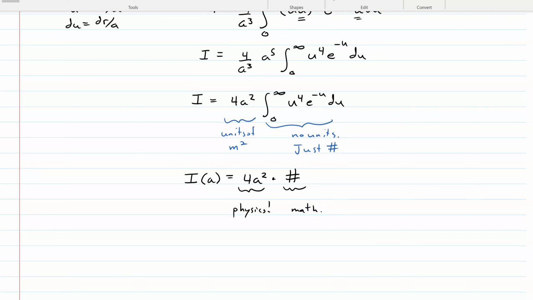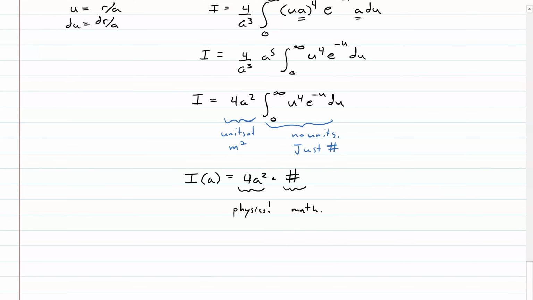By the way, because I know it's burning in your mind, you want to know what that number is. When you do this integral, this number actually turns out to be 24. Okay, but even before you do that integral, you have an idea of what the answer looks like, and you just have to calculate what that number is.